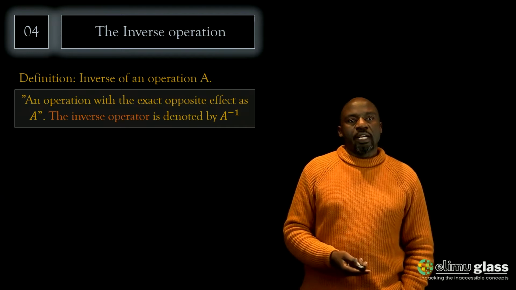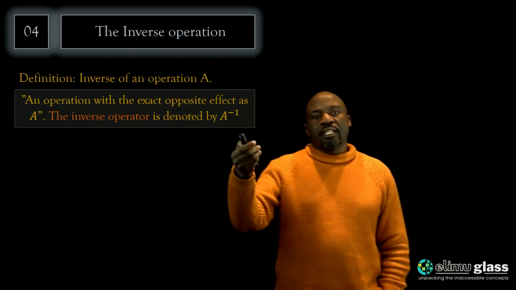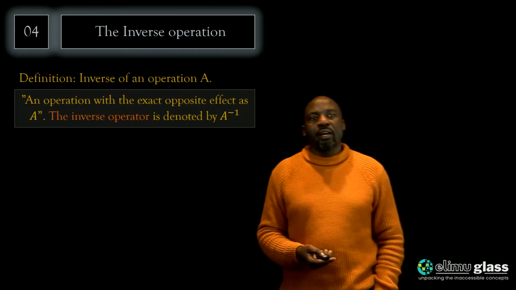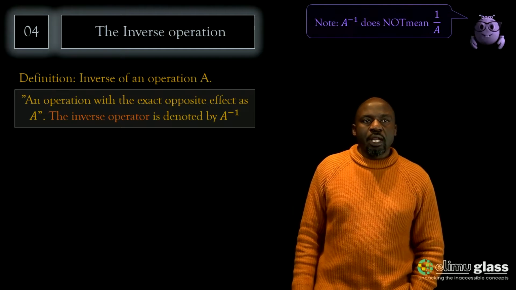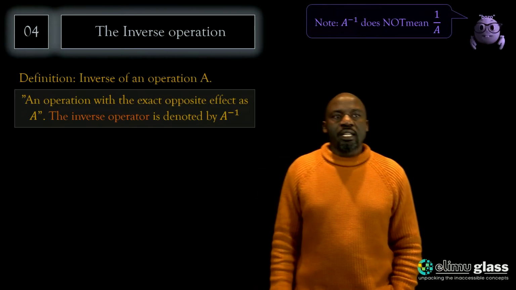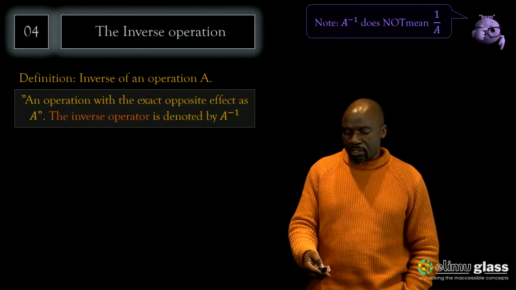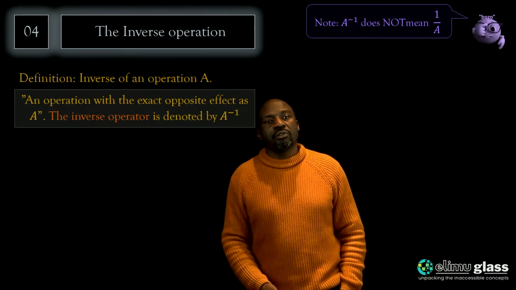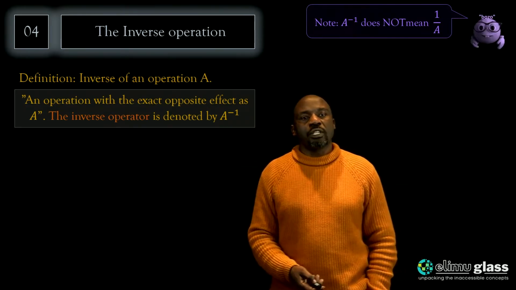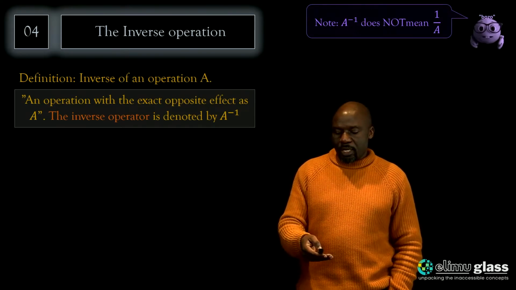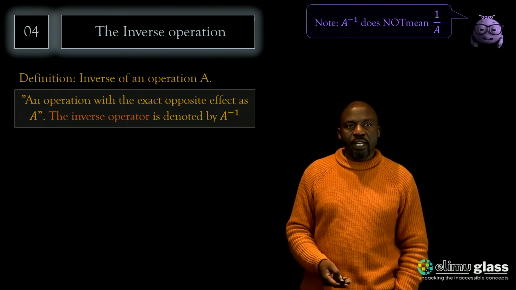But you must know that when we are referring to inverse functions or inverse operations, then the negative 1 there does not imply 1 over A. A to the power minus 1 does not mean the same thing as 1 over A. It's not the reciprocal of A. Okay, so that's just a symbol that is used in mathematics to represent the inverse of a function. It's unfortunate because it confuses students with the exponent of minus 1, which would normally mean 1 over A.